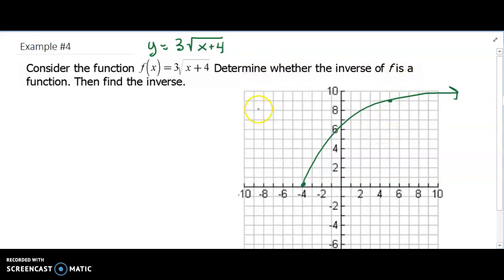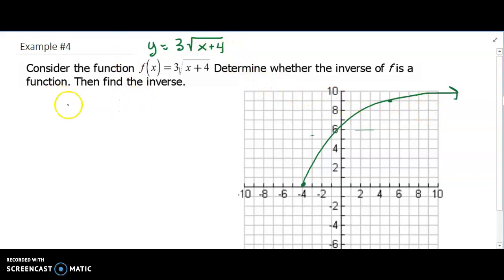Okay, now let's go ahead and look. Now there's no horizontal line I can draw that'll intersect this more than once. This looks like it flattens out, but it slowly keeps going up as well. Okay, so it still won't intersect it twice. So the inverse is a function, okay, by the horizontal line test.